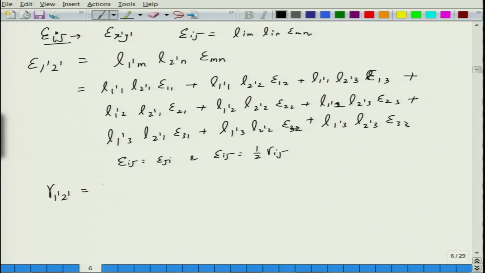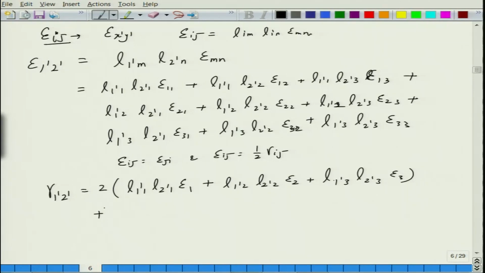This will become equal to 2 into L1 prime 1 L2 prime 1 epsilon 1 plus L1 prime 2 L2 prime 2 epsilon 2 plus L1 prime 3 L2 prime 3 epsilon 3, and then we will have the terms related to gamma 1 2, gamma 2 3 and gamma 3 1.